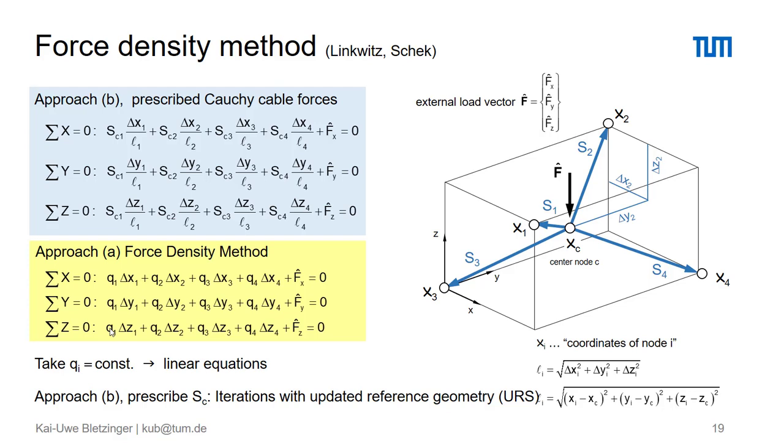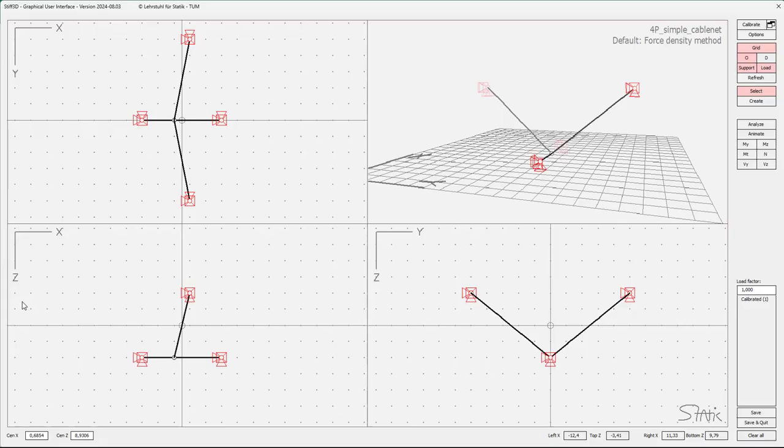We show that in a second. That will be the updated reference strategy, with a certain reason why we call it like that. So we are able to replace the original approach B by repeatedly applying approach A, and by that to solve problems with prescribed forces for the unknown state of equilibrium.